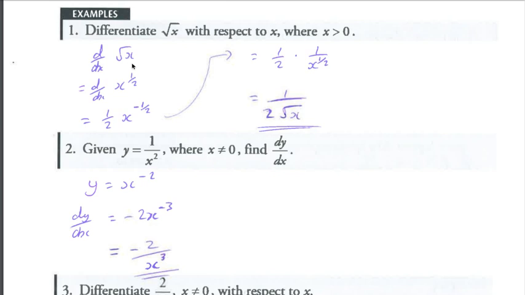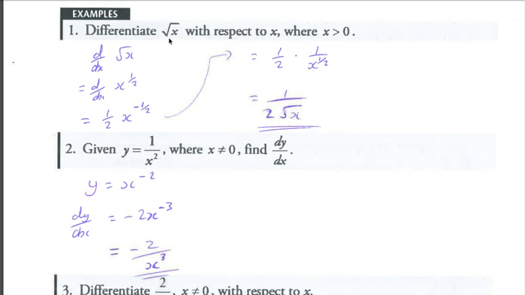So I need to make root x into a fractional index, into a fractional power. So that becomes d by dx of x to the half, using our National 5 indices rules, and knowing that the square root of x can be written as x to the half. Now it is in a suitable format, so power to the front, reduce the power by 1.